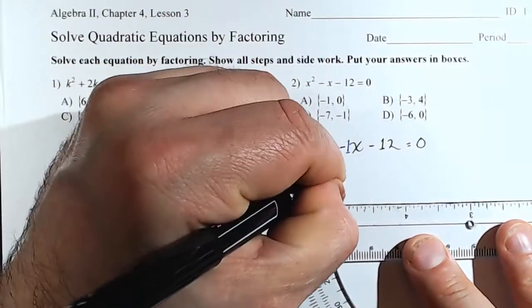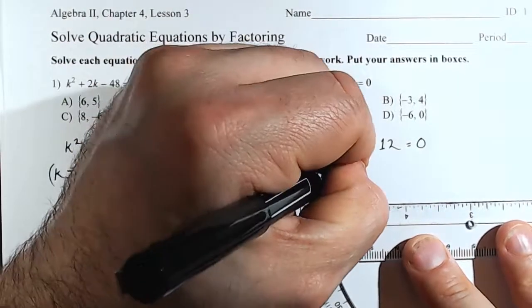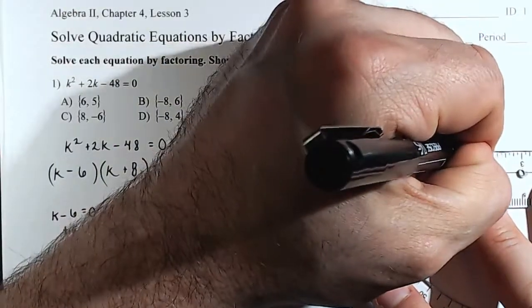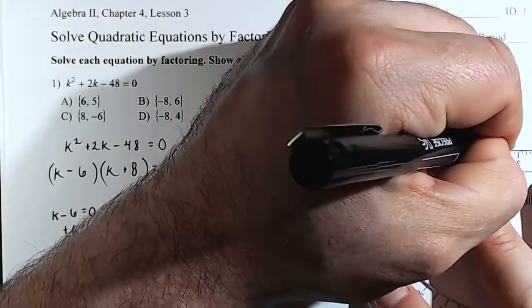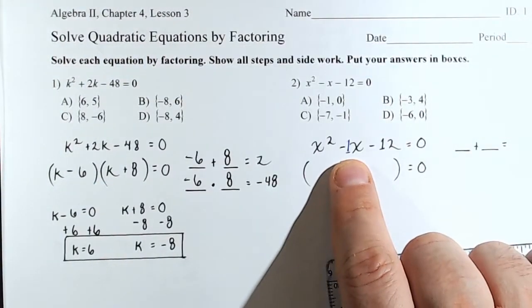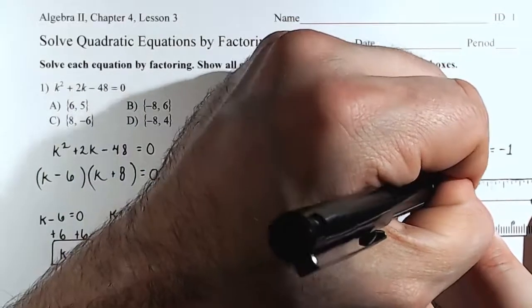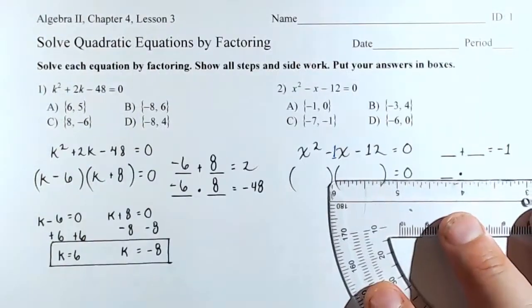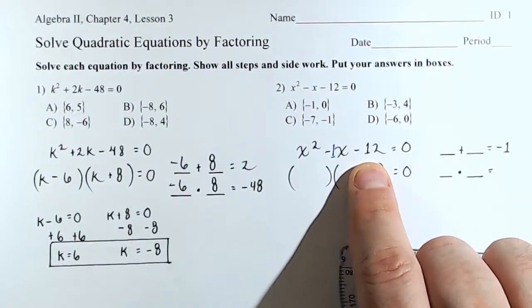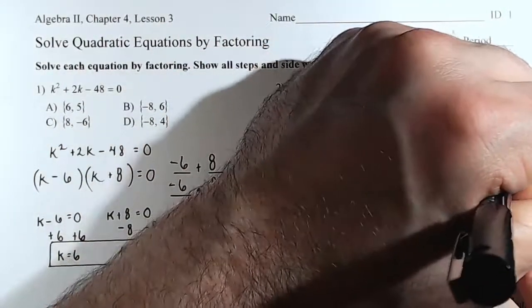Write your open parentheses, close parentheses, open parentheses, close parentheses equals 0, and set up your template. I need two numbers that add together to equal the middle coefficient, which is negative 1, and those same two numbers need to multiply together to equal the last term, which is negative 12.